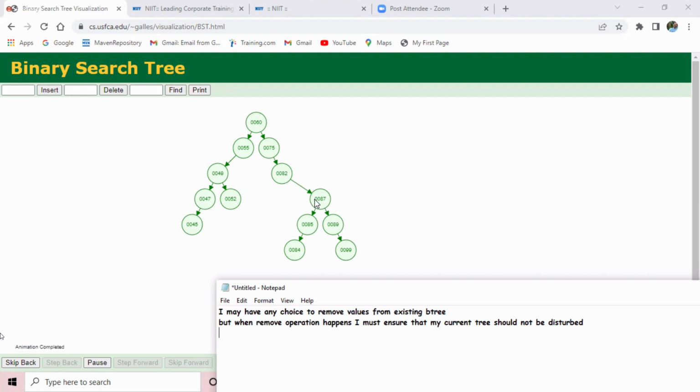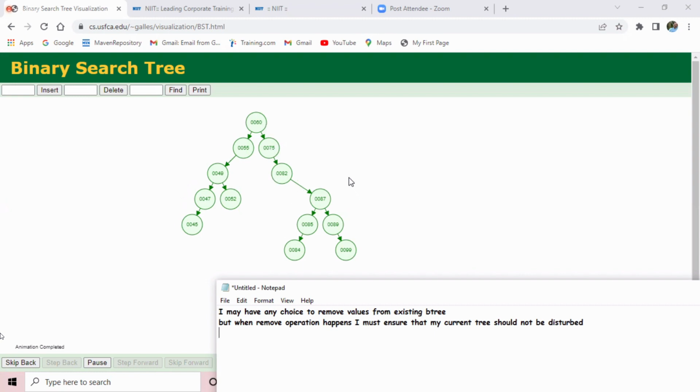Suppose this particular node gets deleted, then what will happen? I need to think about its child, because this node has so many other nodes on its left hand side or right hand side. Maybe up to this everything will be intact.